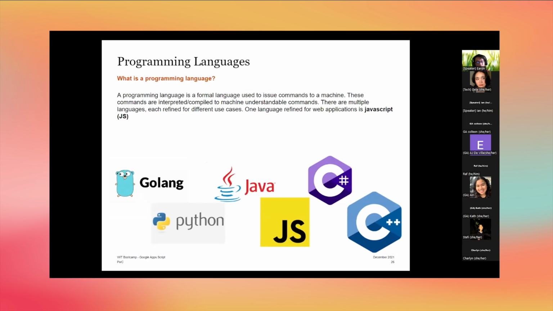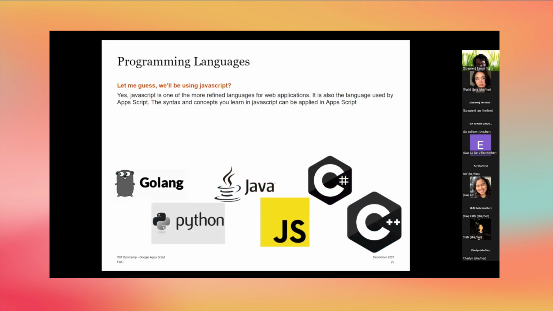What this means is that there are a lot of programming languages, but some of them have specialties in what they cater to or what they're good at, and the most famous for web is JavaScript. That's why we'll be using JavaScript for our workshop today.